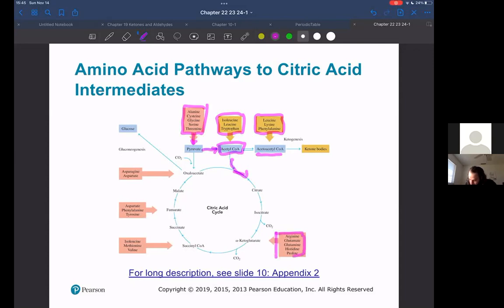Arginine, glutamate, glutamine, and histidine can actually enter the citric acid cycle at about the midway point. So this first step created NADH, but they're entering the pathway after that. So they wouldn't make as much NADH as if we started out with isoleucine, for example.